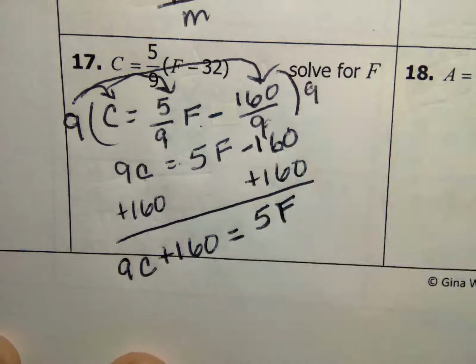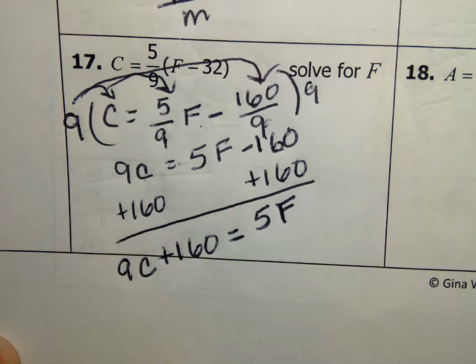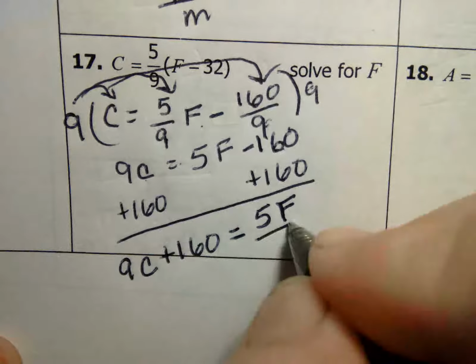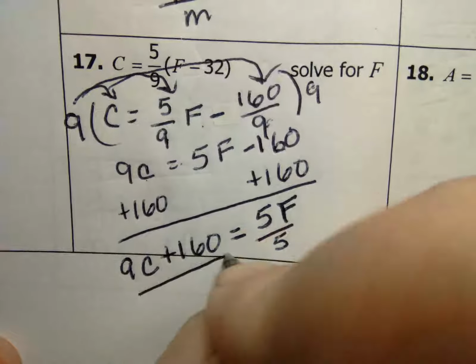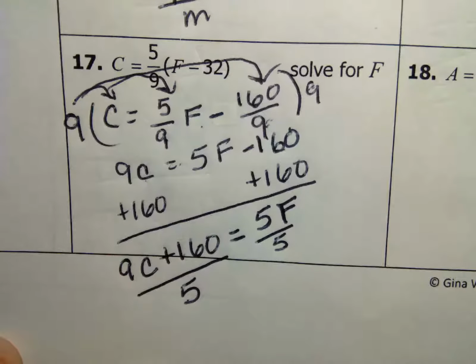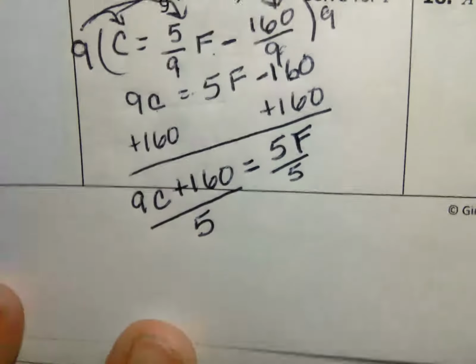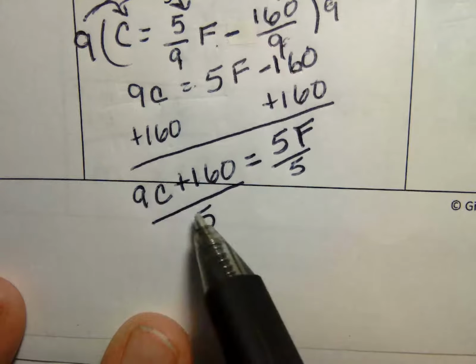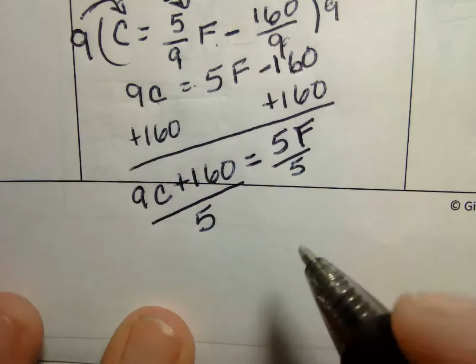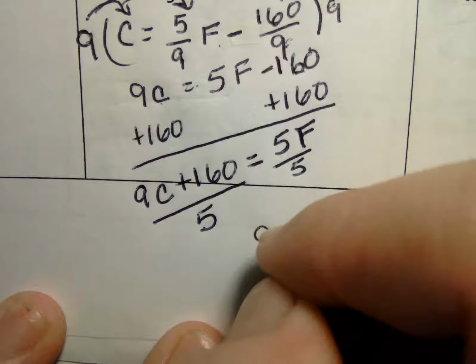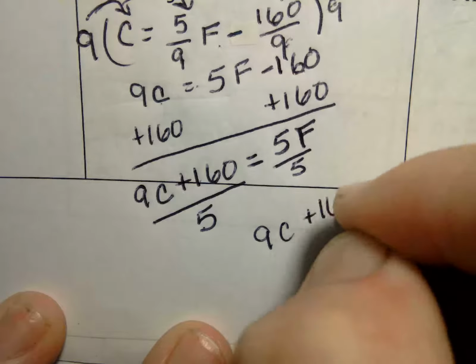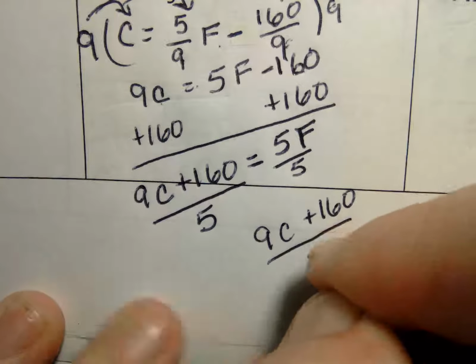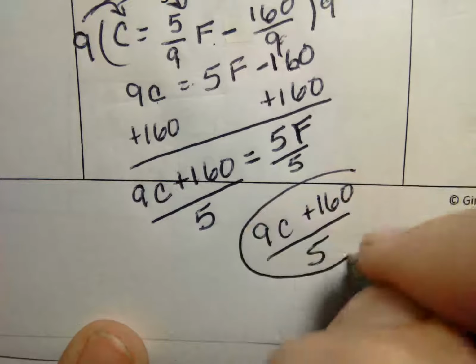Okay, and then last step. And it'll look like that. Once again, you can keep it this way, or you can simplify it out. So 9c plus 160 divided by 5 is good.